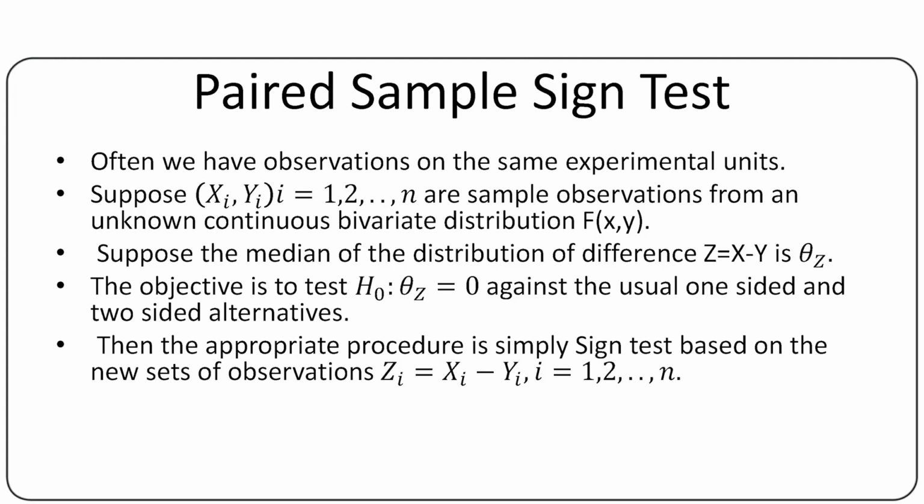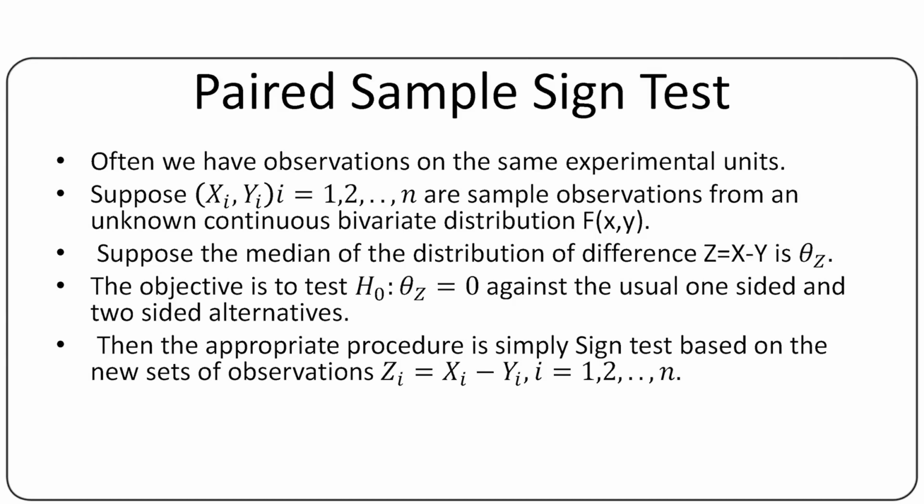Suppose the median of the distribution of the difference Z equal to X minus Y is theta Z. Then under H0, theta Z equal to 0. Thus, the objective is to test the null hypothesis theta Z equal to 0 against the usual one-sided and two-sided alternatives. Naturally, theta Z equal to theta 1 indicates that X observations tend to be theta 1 units larger than the corresponding Y observations.